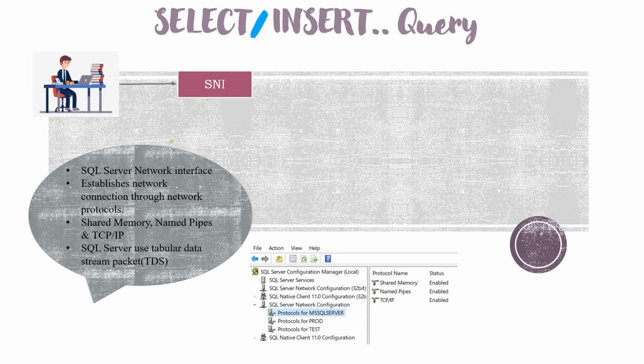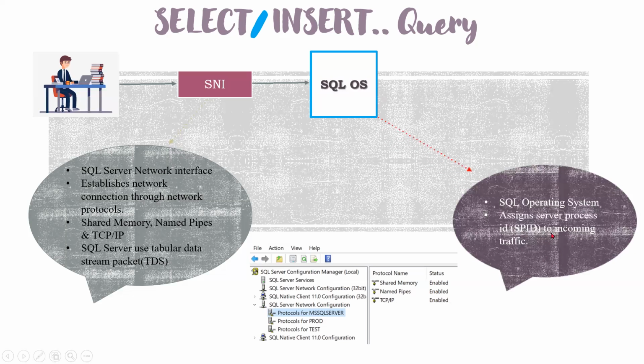Once it makes the connection, it goes to the topmost layer of SQL OS to get the SPID for your session. Whatever session you open, it goes to SQL OS and gets the SPID.